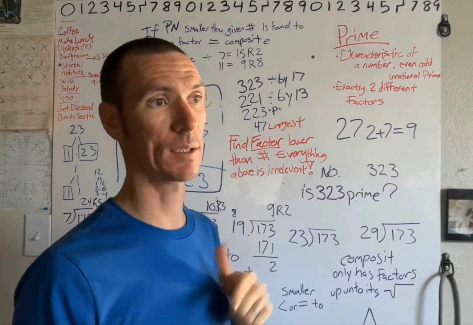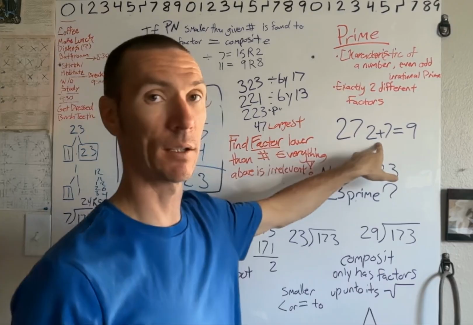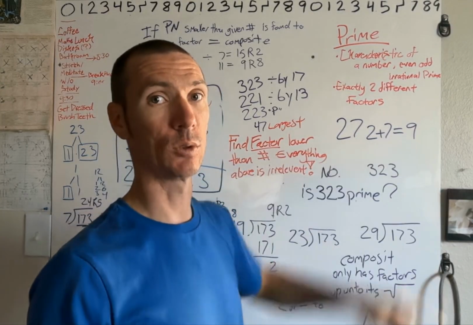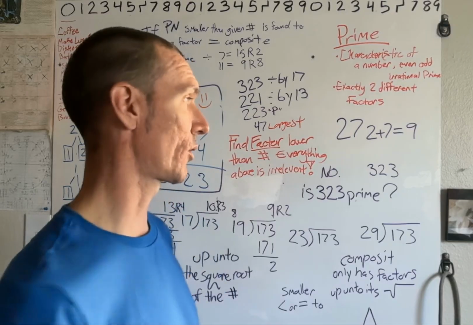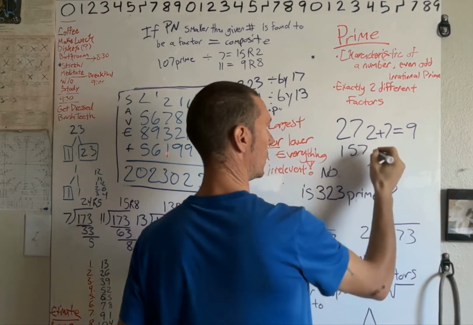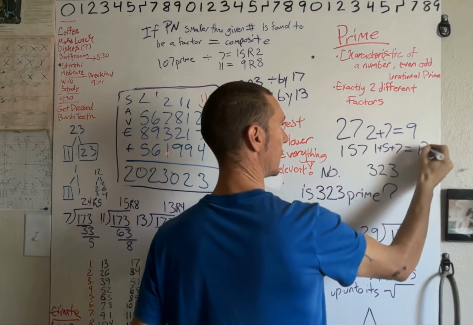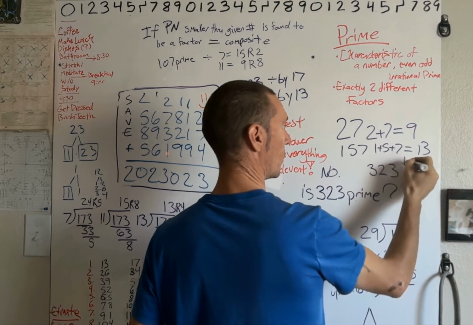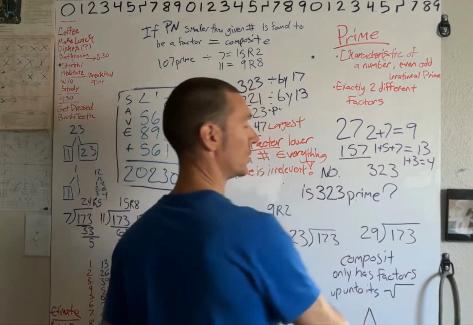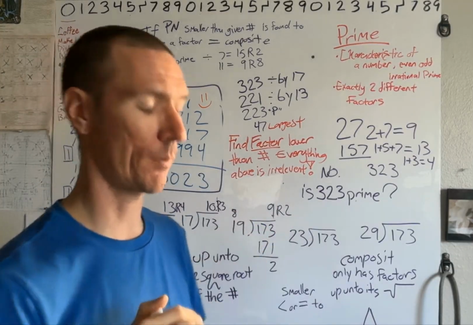So you can test if something is divisible by 3, 6 or 9 just by adding the digits. If the sum is divisible by 3, then you know the number is divisible by 3. Like 157: 1 plus 5 plus 7 is 13, plus 3 is 4. So no, 157 is not divisible by 3. You can just do that.